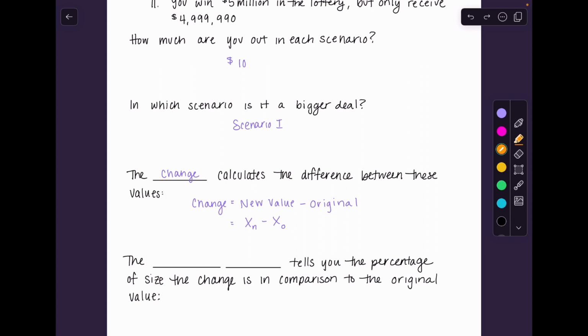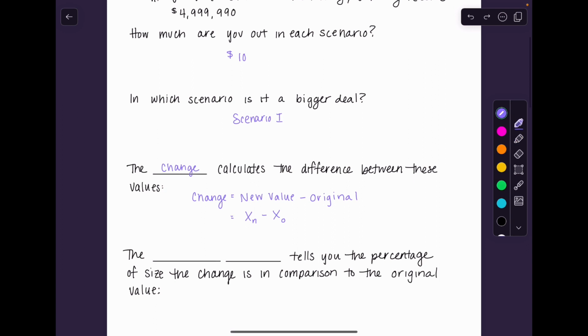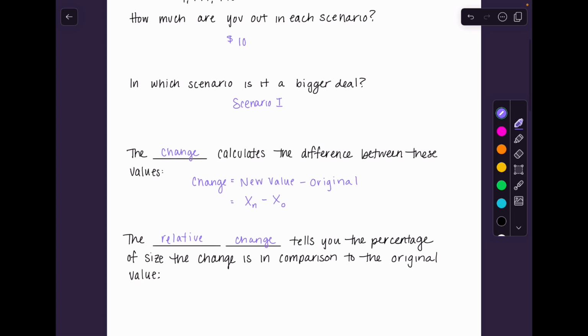So what percentage of this size is this change in comparison to the original value? This is what we call relative change. Relative is giving us this comparison. So the relative change tells you the percentage of size the change is in comparison to the original value.